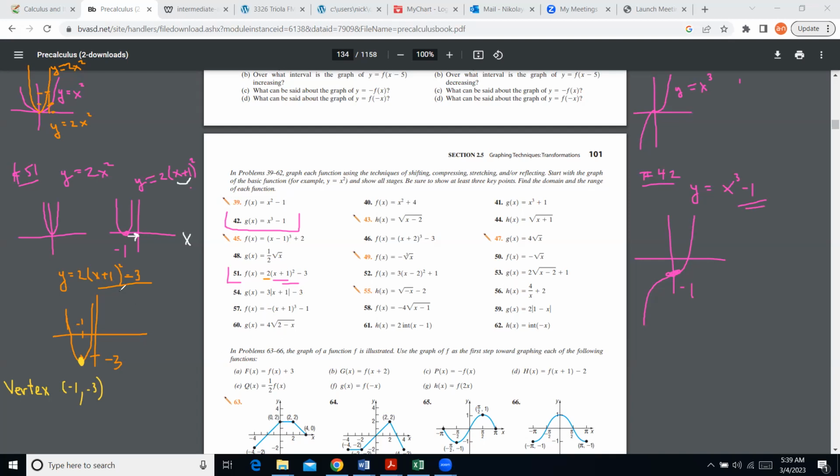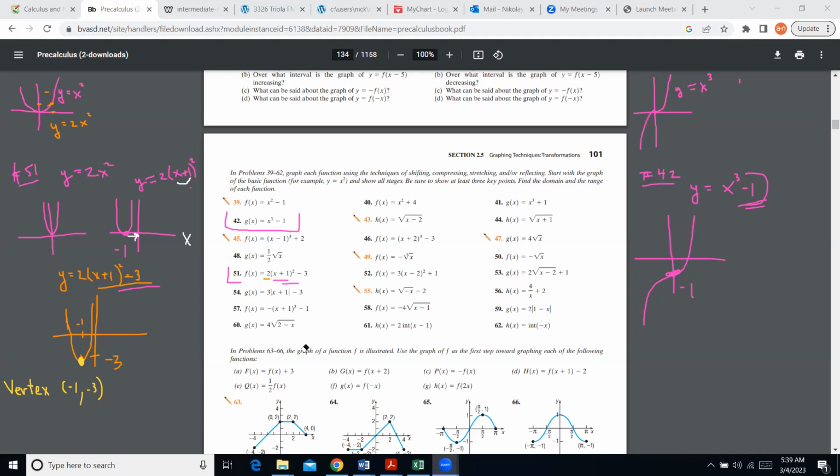Same with the previous exercise. When I subtracted 3, I brought that parabola down by 3 units. So if I subtract 1, then I bring the parabola down by 1 unit. And it doesn't really matter if you have x squared or x cubed, the graph of the function will actually have the same type of transformations.